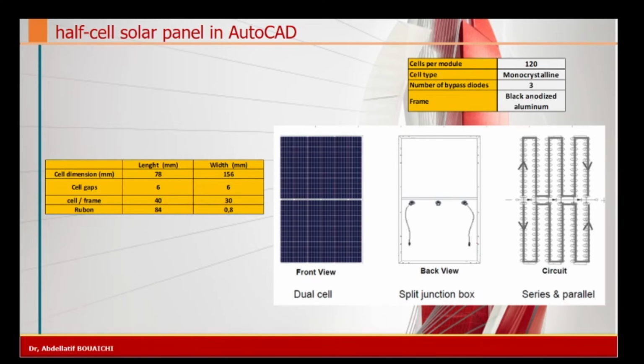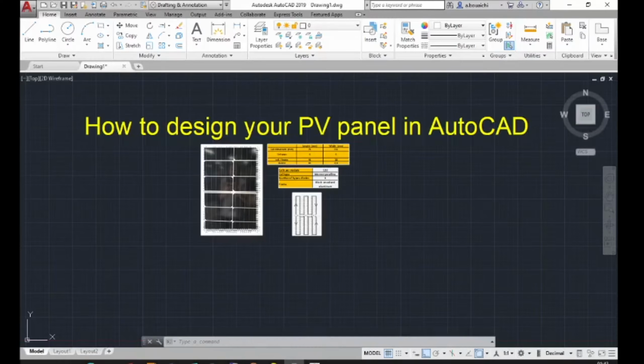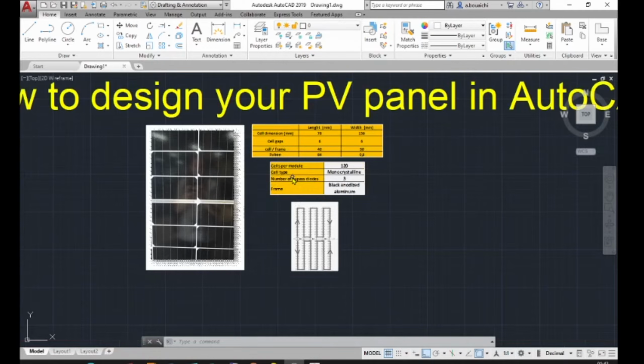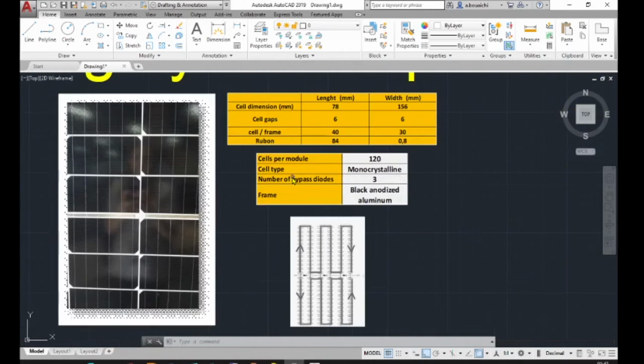Okay, let's go to the drawing. After talking about the photovoltaic description, let's go to the drawing of the PV module in AutoCAD. So, in this interface, I drop the different properties of the solar cells and also the different distance between the cells, also the distance between the cells and the frame, and also the properties of the ribbon.